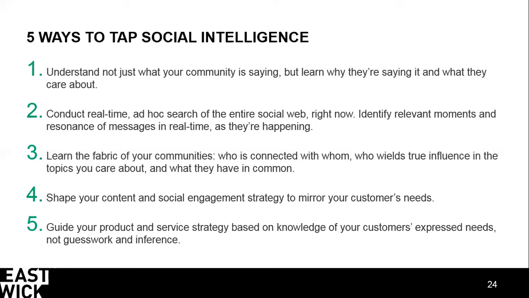And then also learn the fabric of your communities. Know who the influencers are. Know who the people are who are leading the conversation. Just like a cocktail party, there's always people who kind of rise above the conversation to be the conversation leaders. Listen strategically and learn who those people are, and then shape your content and your social engagement strategy around those needs.